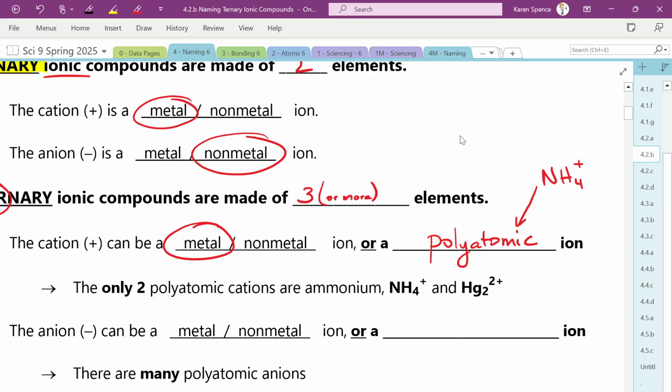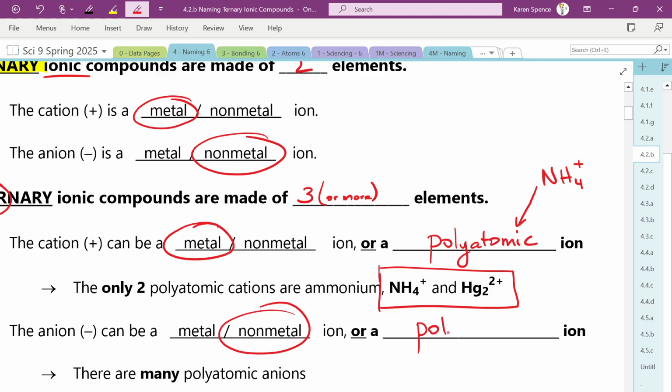Okay, there are really only 2 polyatomic cations. There's NH4+ and Hg22+. But Hg22+, I'm not going to have you learn in grade 9 because it's a little complicated. Okay? The anion, the negative ion, is either going to be a nonmetal or it's going to be a polyatomic ion. And there are lots and lots of polyatomic anions.